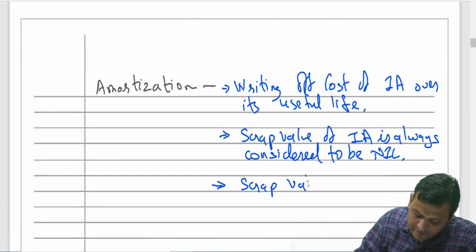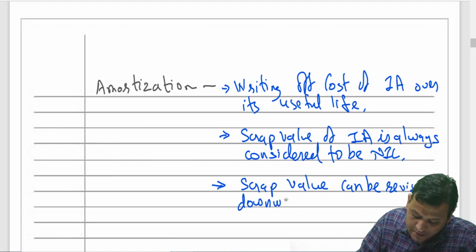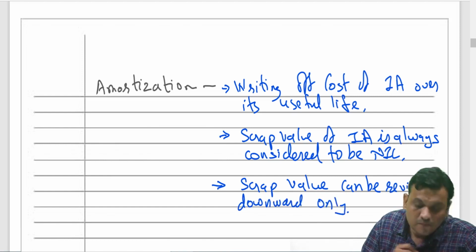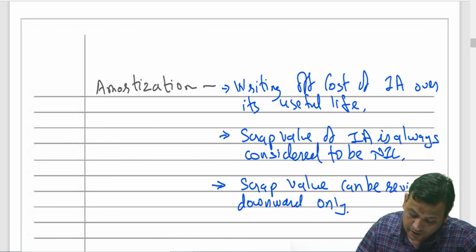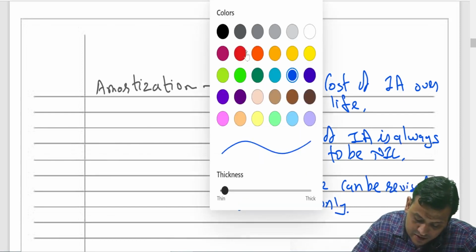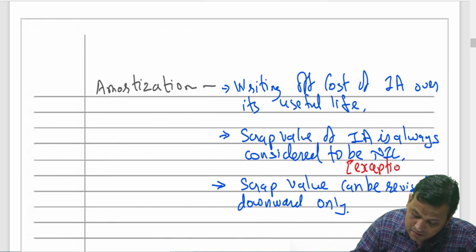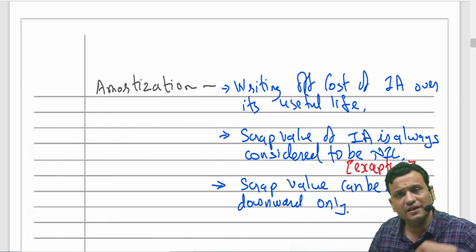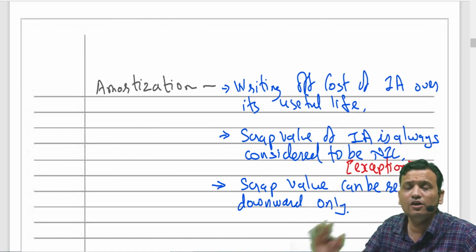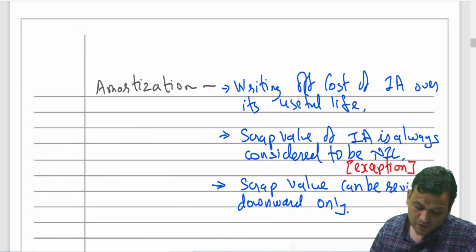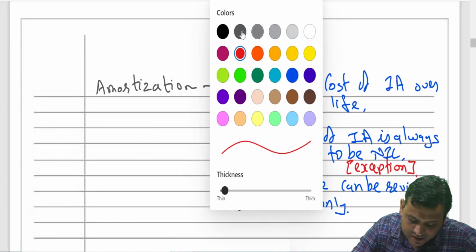Scrap value can be revised downward only. If there is some scrap value, then you can revise downward only. There is an exception to this. The scrap value of an intangible asset is always considered to be nil. Exceptions: there is a third party guarantee and there is an active market which will exist at the end of the useful life of the intangible asset. So this is writing off an intangible asset over the useful life.